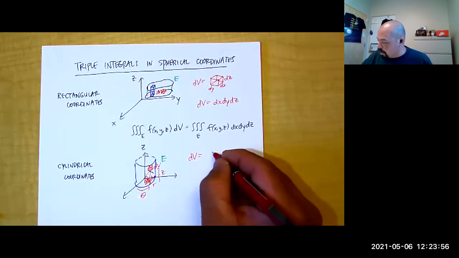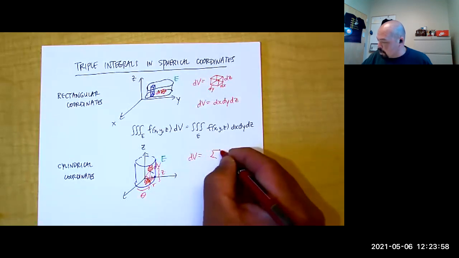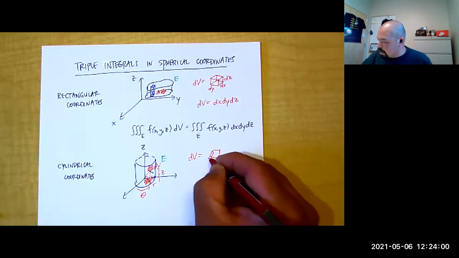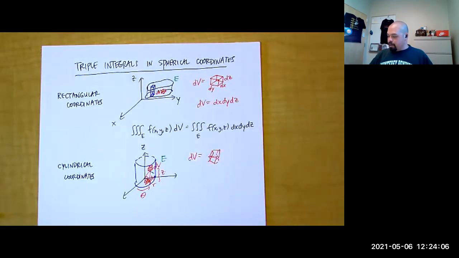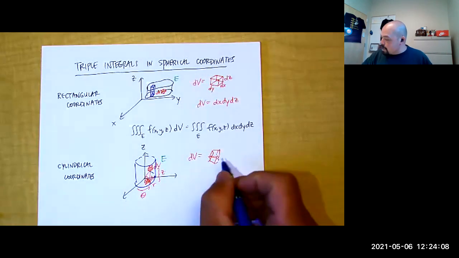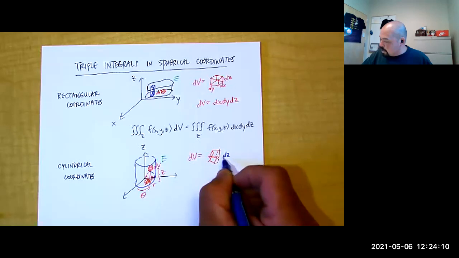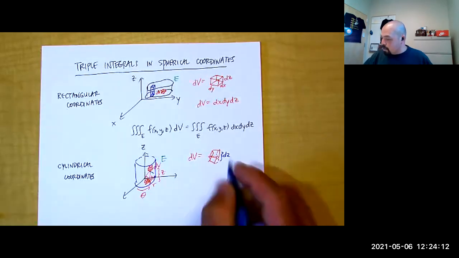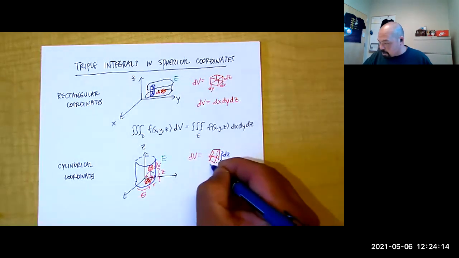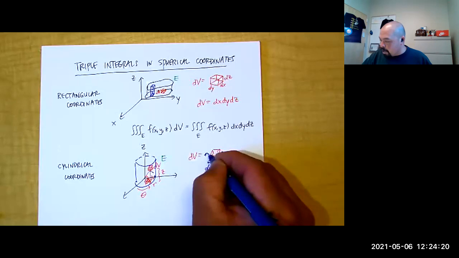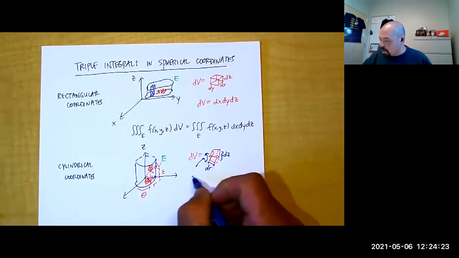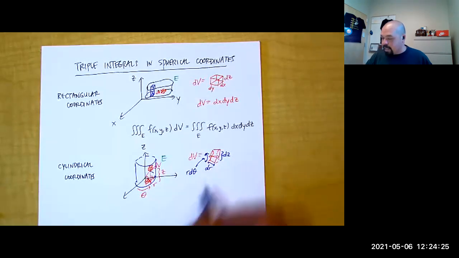For this dV, this little arced component of volume, the height is still dz, the width is dr, and the interesting part, how far we're sweeping out, is r d theta.